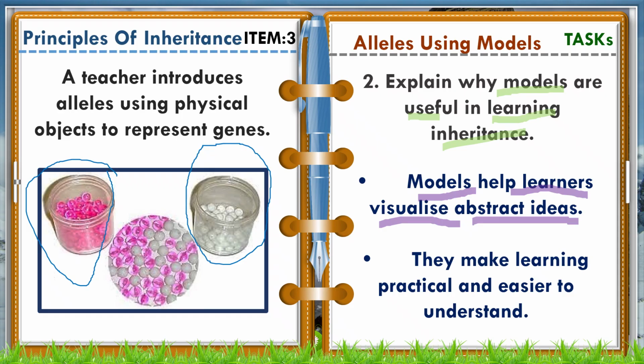So when they are giving their offspring, they will pick from these genes. This one is going to bring a gene for red color. Okay, we shall have a gene for red color here, coming from that parent. And then we shall have a white gene coming from this parent.